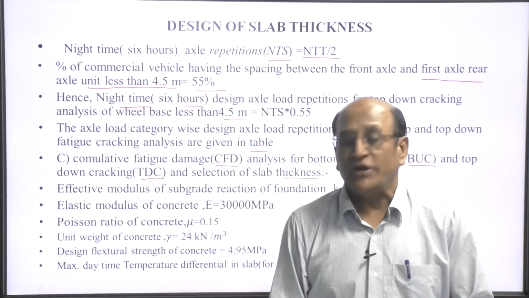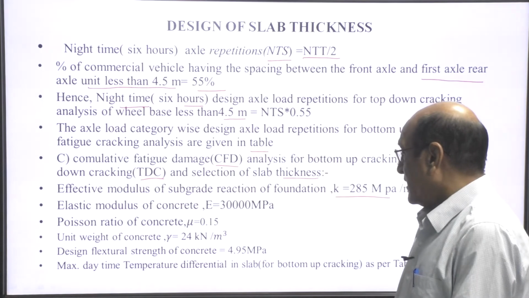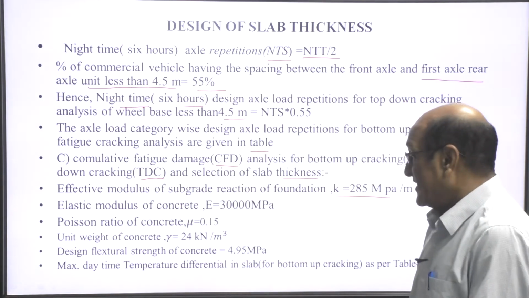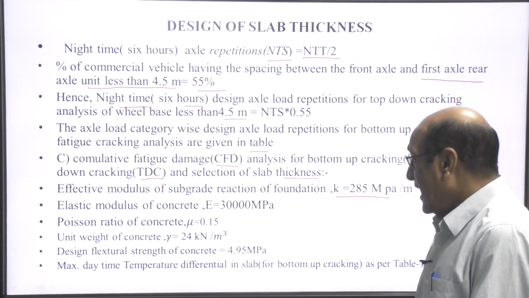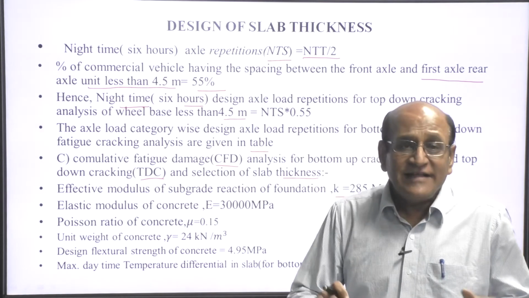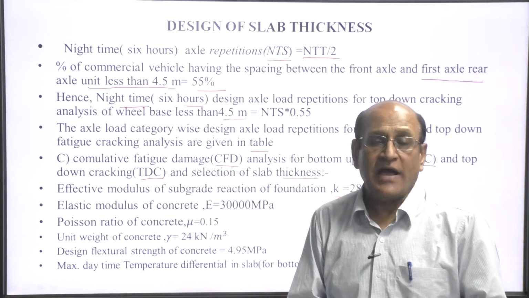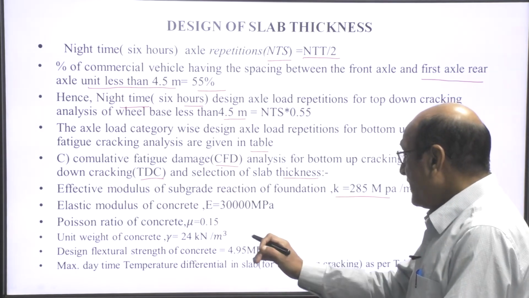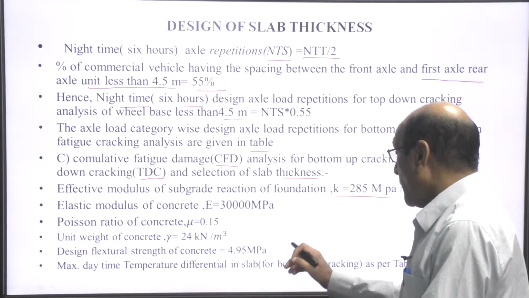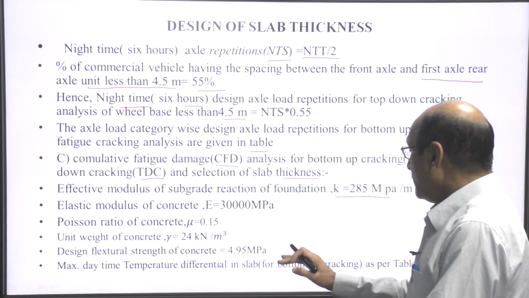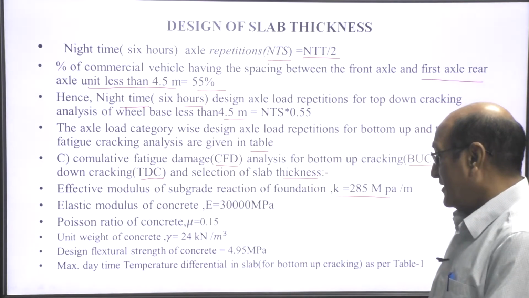Unit weight of concrete, gamma, is equal to 24 kilonewton per cubic meter. Now, the design flexural strength of the concrete. All these things are given in the code IRC 58:2015. So the design flexural strength of the concrete is 4.95 megapascal, as we have calculated earlier.